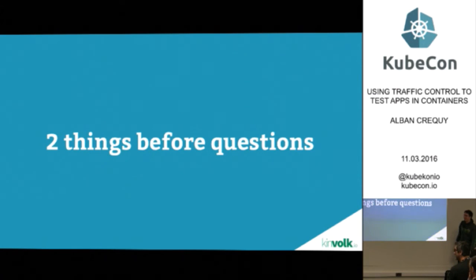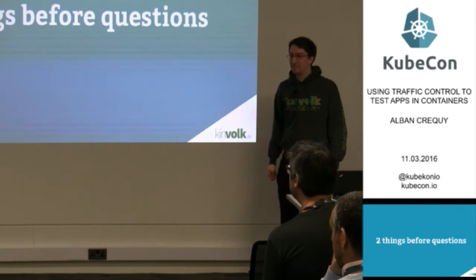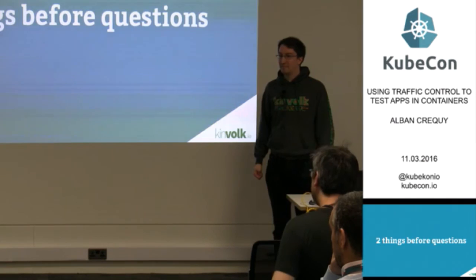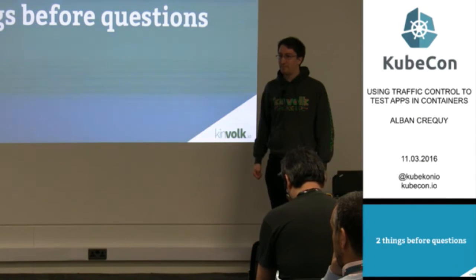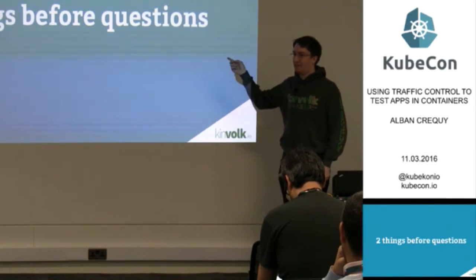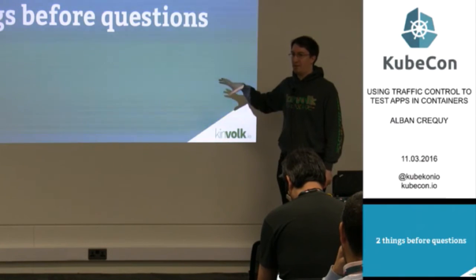Quick question. So this looks great, and I love what you're doing. How easy would it be to translate it to Docker and Docker containers? So the demo I've done in Kubernetes is actually with Docker.